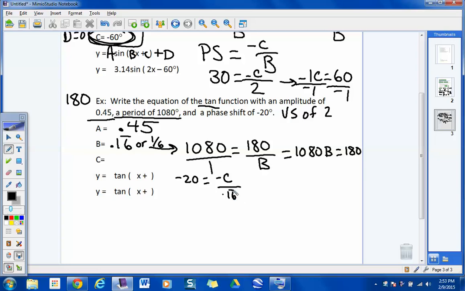Right? So do you agree that I could take -20 times 0.16 repeating here? Okay, do that for me. You get 3.6 repeating here. I'm sorry, -3.6 repeating.